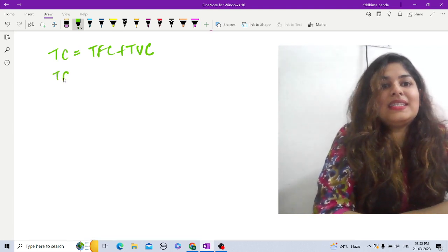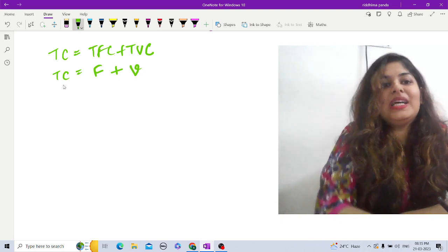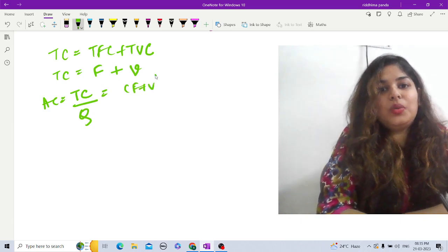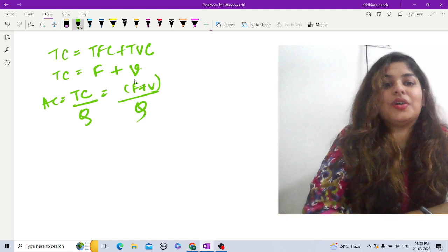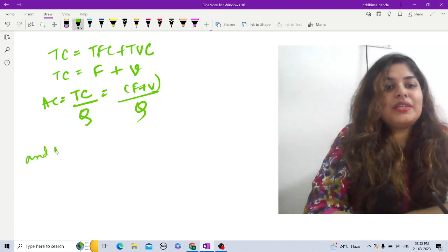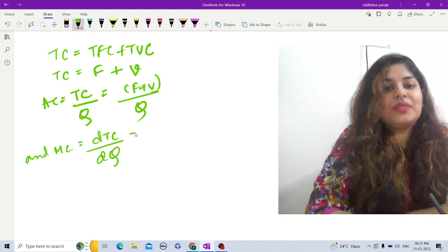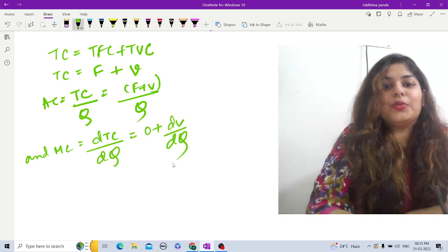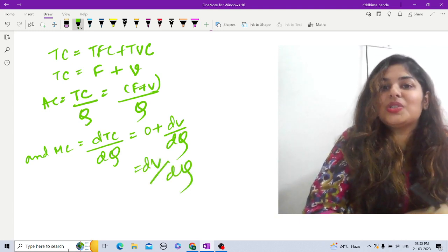Now, let's say TFC is F and TVC is denoted with V. So average cost is equal to total cost by output, which is (F plus V) by Q. This is the average total cost. And marginal cost is equal to dTC by dQ, which is 0 plus dV by dQ, so that is dV by dQ. This is the value of marginal cost.